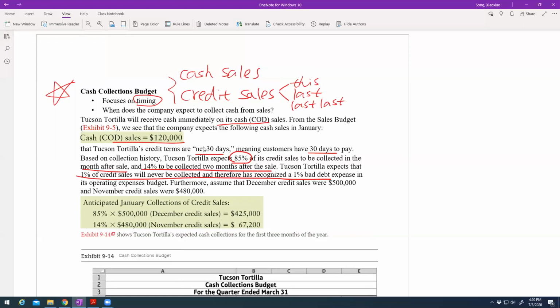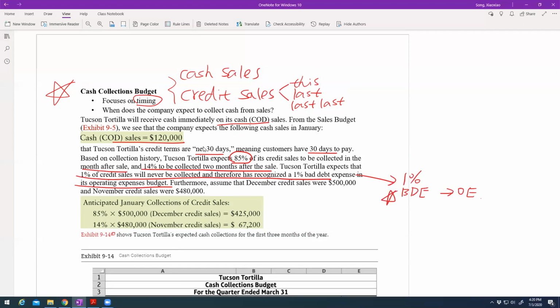Remember, we talked about in the operating expense budget that 1% is our bad debt expense, right? So 85% will be collected next month, 14% will be collected 2 months after the sales, and 1% will never be collected.